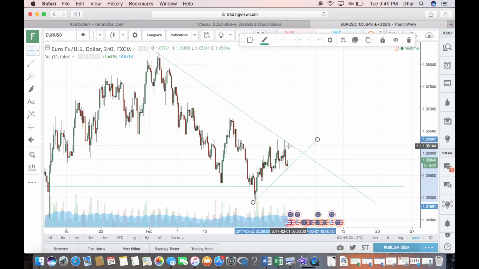So the 4-hour chart actually says something which is against the daily chart. So we're going to sit on the sidelines and see how we perform. If we resume an upward trend, then we need some kind of traction from the downside, so we can play both sides and see how it goes.